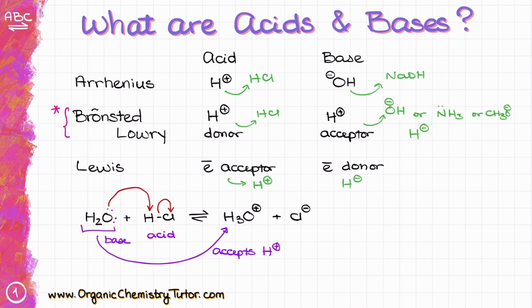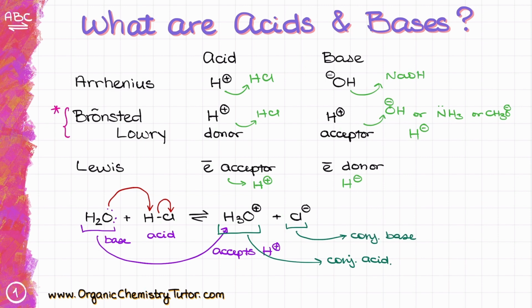There is also a very important relationship between the starting materials or reagents in our reaction and the products in the reaction. Whatever has accepted the proton, which in our case is H3O+, now becomes the conjugate acid, and whatever has lost the proton, in my case that's going to be Cl-, is going to be a conjugate base.